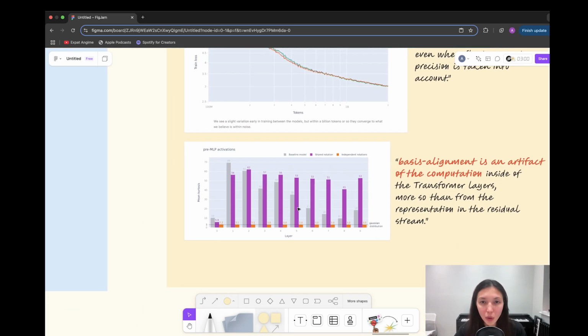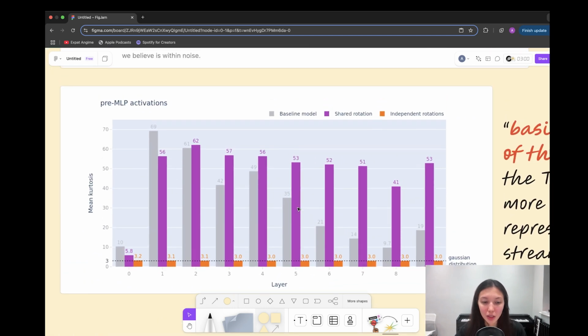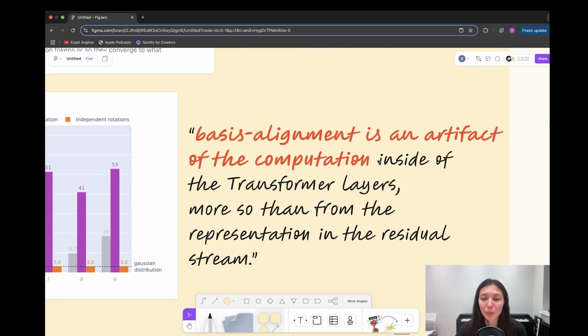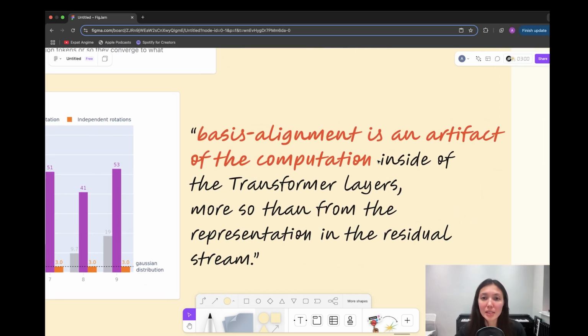They also looked at the activation after the model reads from the residual stream and rotates to a new basis, and before it passes it to the MLP to process. They looked at the kurtosis of this activation, and they again saw very large values. The conclusion here was that basis alignment is an artifact of the computation inside of the transformer layers, more so than of the representation in the residual stream.